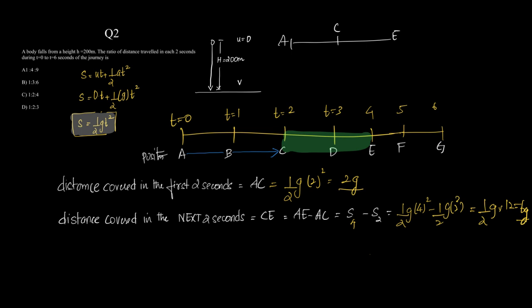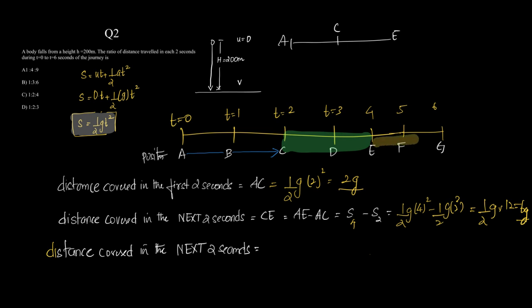Now, in a similar way, what is distance covered in the next 2 seconds? Distance covered in the next 2 seconds would be further equal to, what is that distance?